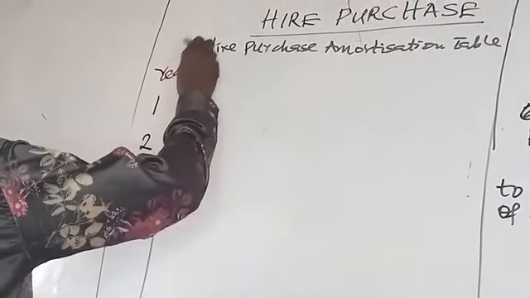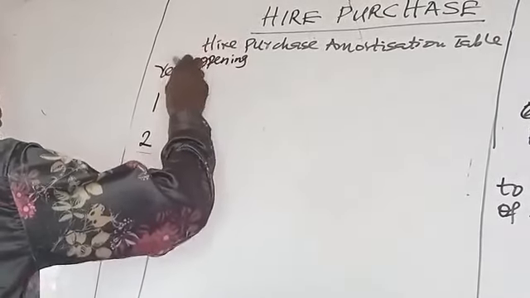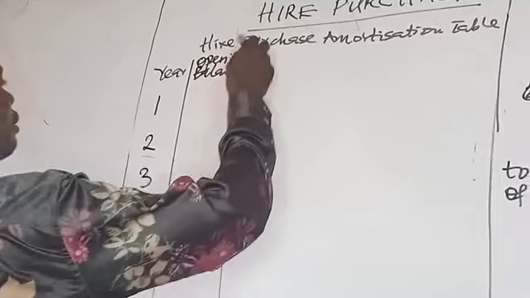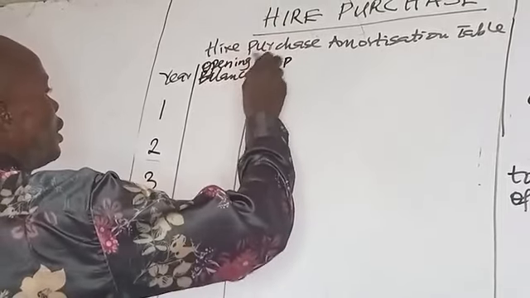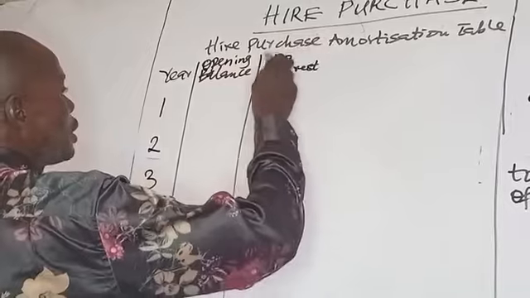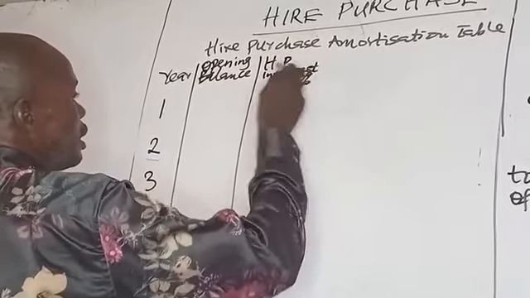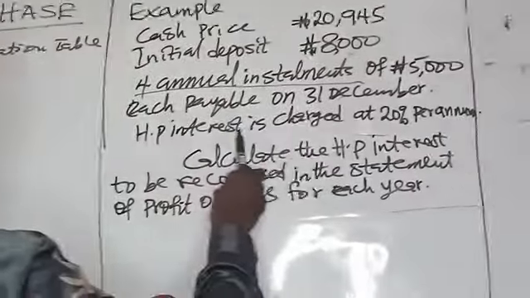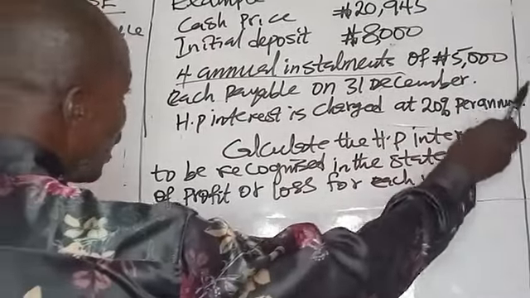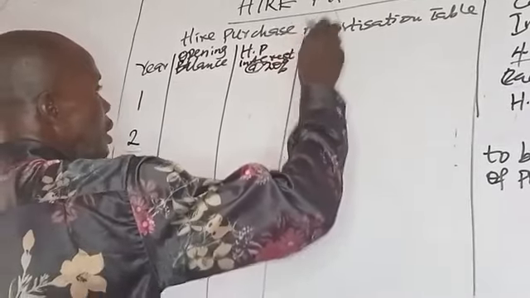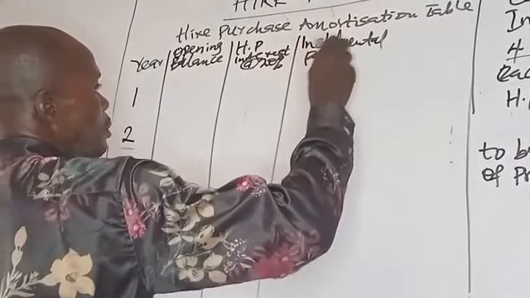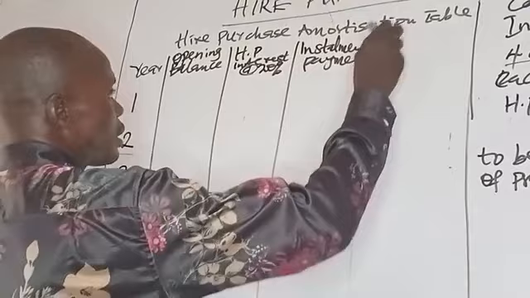Then we have the opening balance, then the hire purchase interest. You were told hire purchase interest is charged at 20% per annum. Then we have installment payments, then we also have the closing balance.